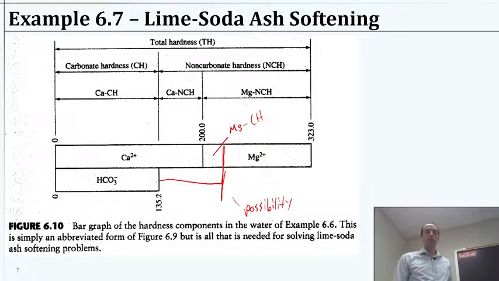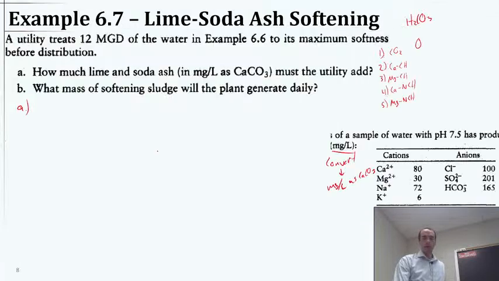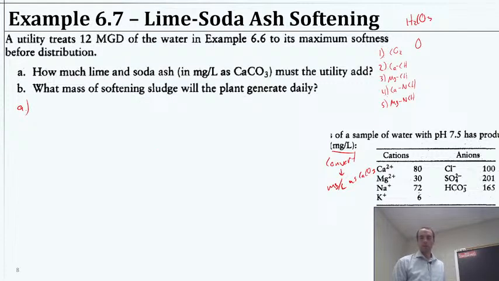And in here, they don't actually, let's see, do they specify? Well, this is actually example 6.6, so that works out for us pretty well. I'm going to erase this stuff. So if we look at this plot, this is actually showing us the water from that example. So we can take a look and say, well, the bicarbonate is 135.